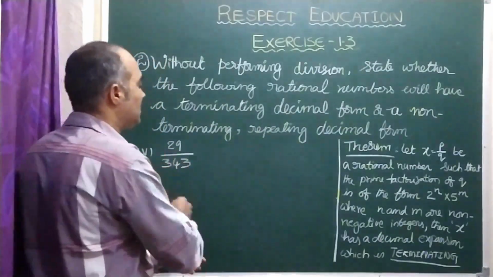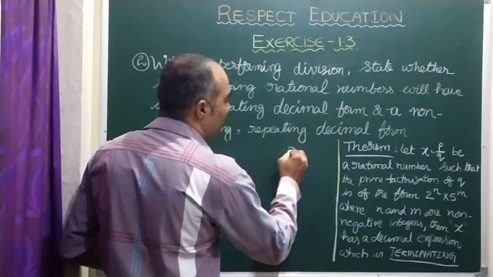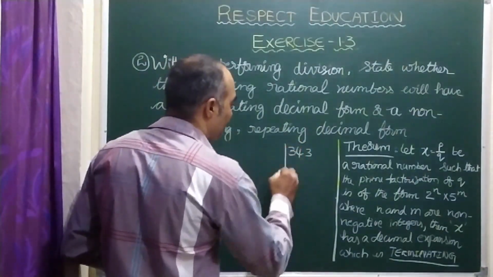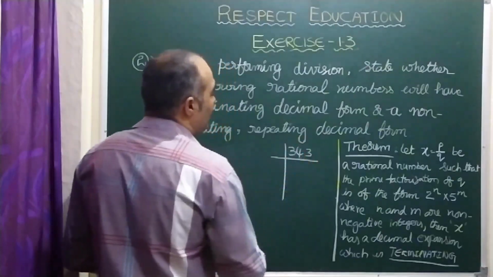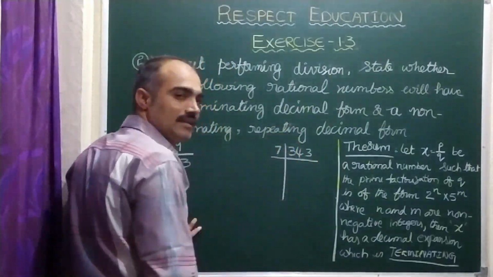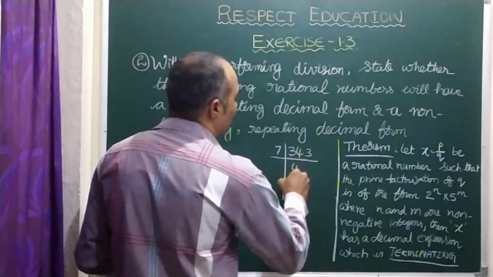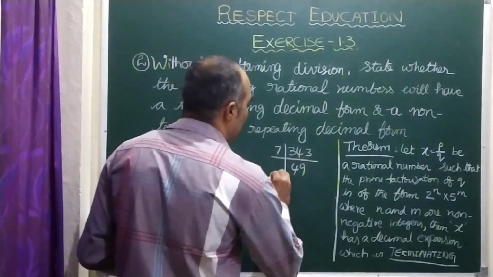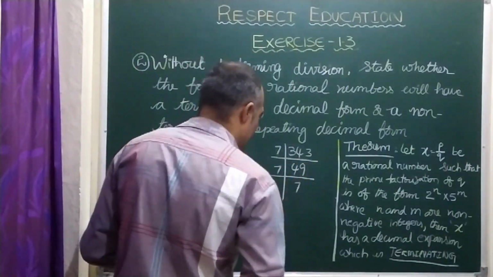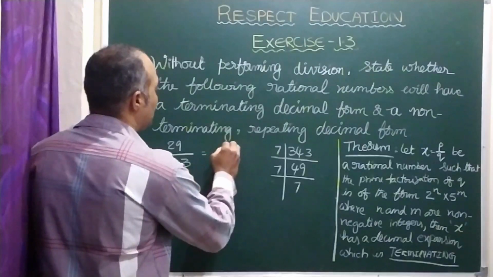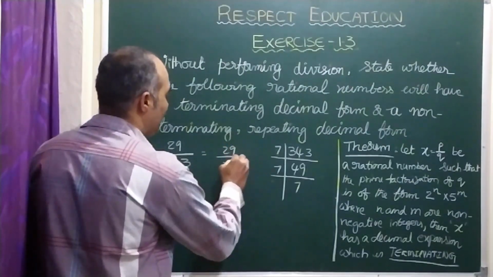Now let us see the next bit, that is the fifth bit, 29 by 343. So here q is 343. Let us write the prime factorization of 343. So here let us take 7. 7 fours are 28, 7 sevens are 49, and again with 7, 7 sevens are 49. So here it can be written as 29 by 7 cube.